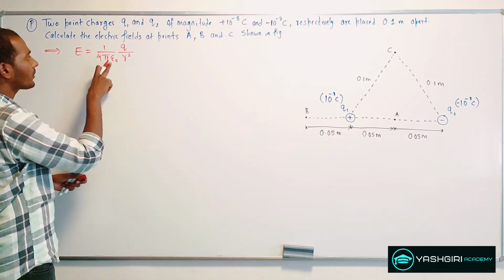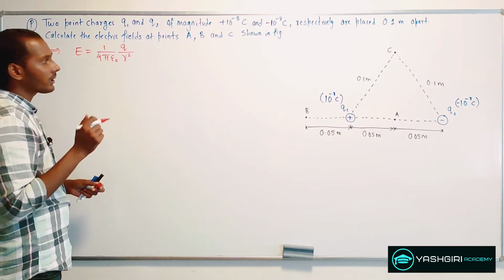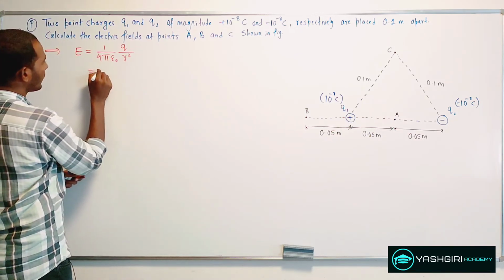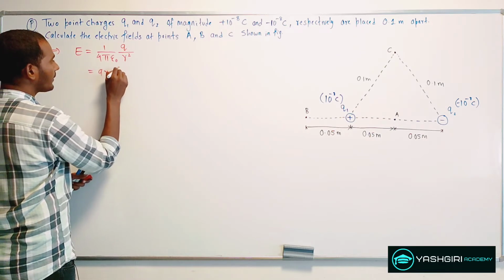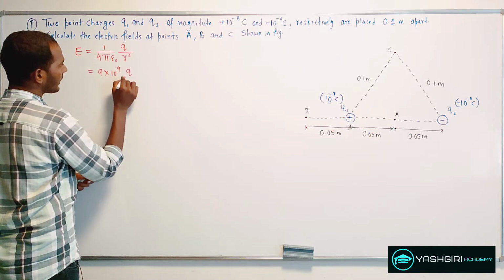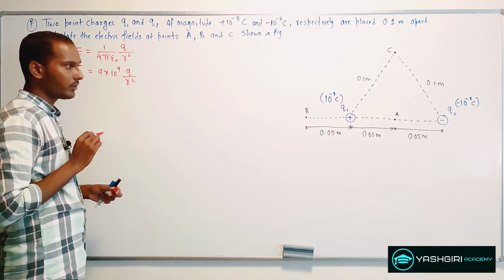Here 1 upon 4 pi epsilon naught is small k, whose approximate value is 9 into 10 to the power 9, into the charge divided by r square.